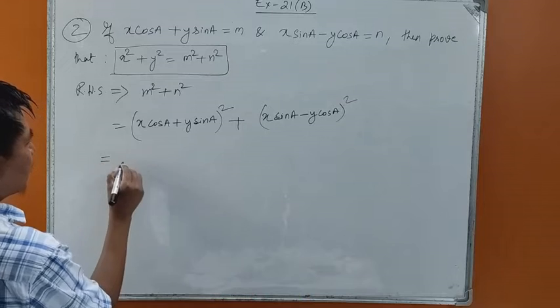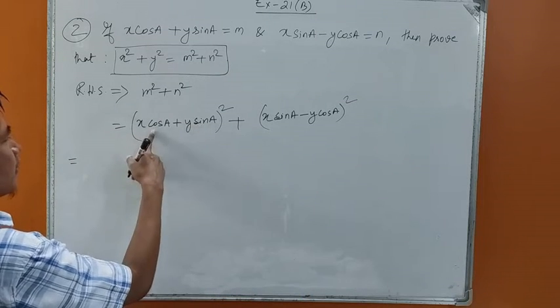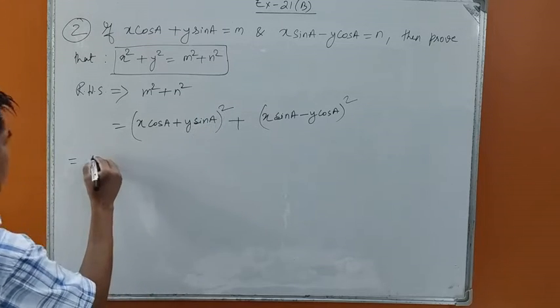Now let us apply the formula. You can see this is a, this is b, so a plus b whole square is a square plus 2ab plus b square.